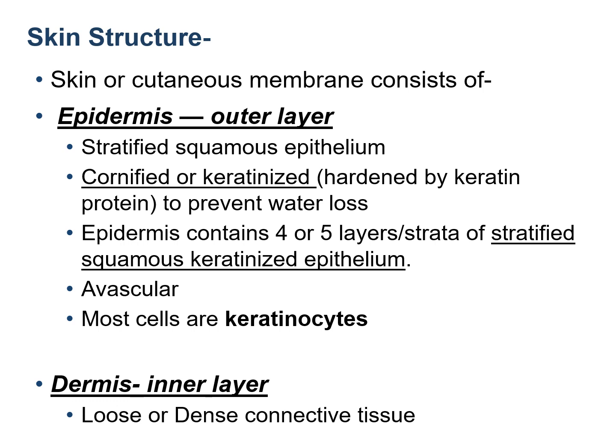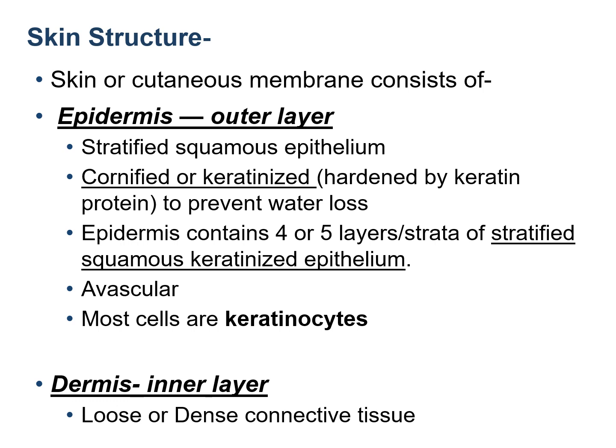And sometimes, in order to avoid such a long description, we simply call these cells keratinocytes. So if somebody asks you what are keratinocytes, keratinocytes are the epithelial cells of the epidermis, and these are stratified squamous keratinized epithelial cells. And since it is epithelial tissue, it is avascular. That means there are no blood vessels.